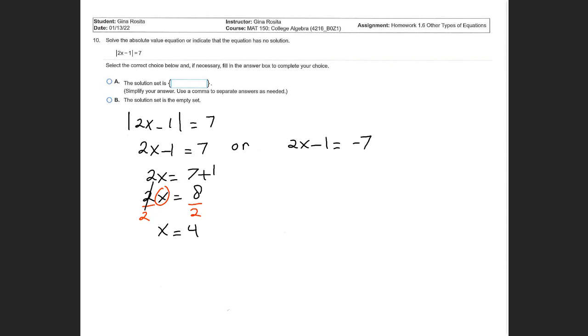Now the next one. Move negative 1 to the right side, it becomes positive. So 2x equals negative 7 plus 1, which is negative 6. You need x, so you divide by 2. The answer becomes x equals negative 3.